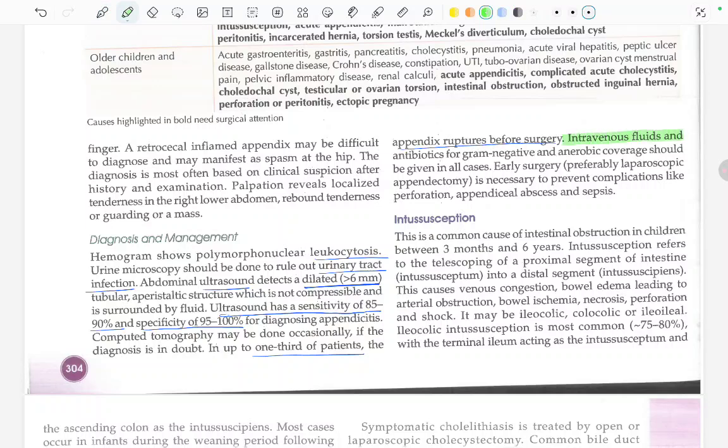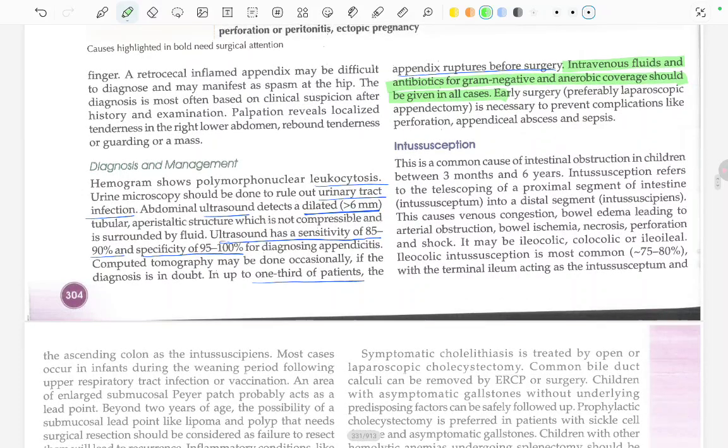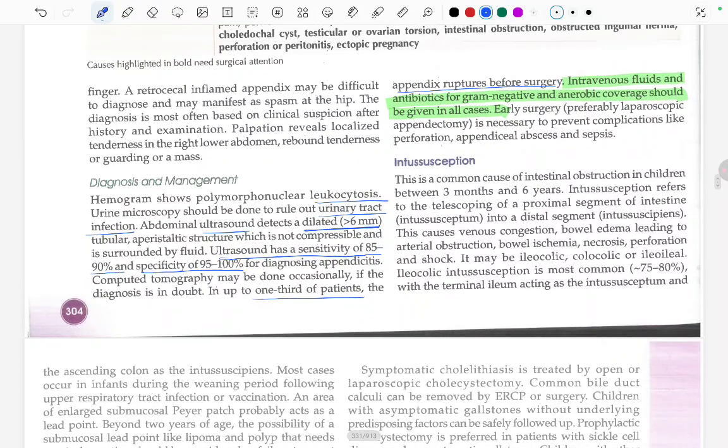We have to give IV fluids and antibiotics for gram-negative and anaerobic coverage, and early surgery, preferably laparoscopic appendicectomy, is necessary to prevent complications like perforation, appendiceal abscess and sepsis. So we have to prepare the patient for surgery as early as possible to prevent complications like perforation, abscess and sepsis.